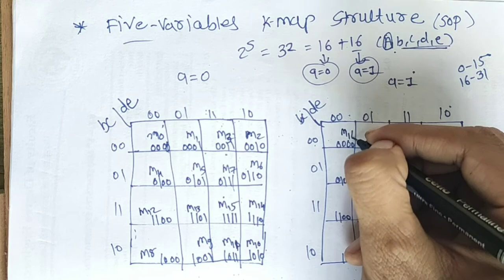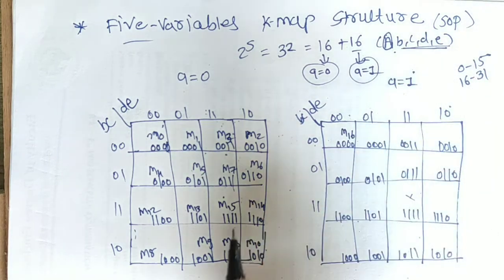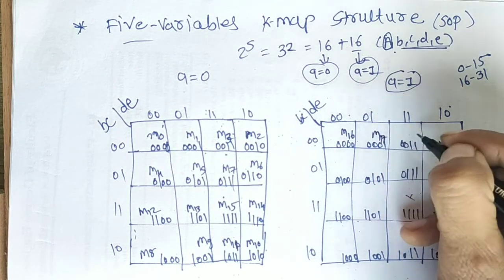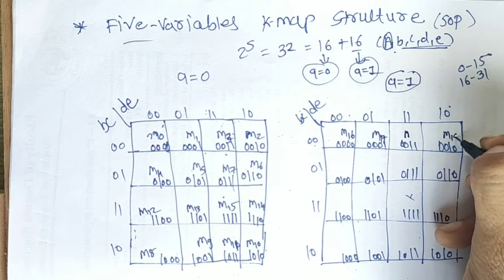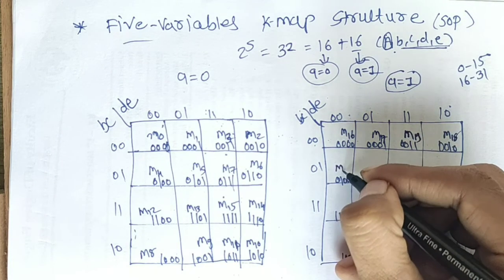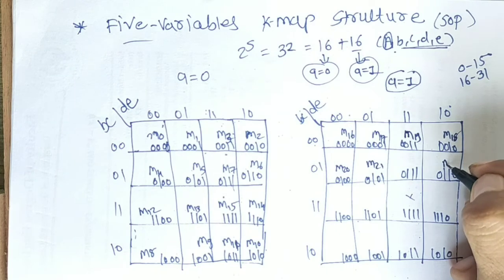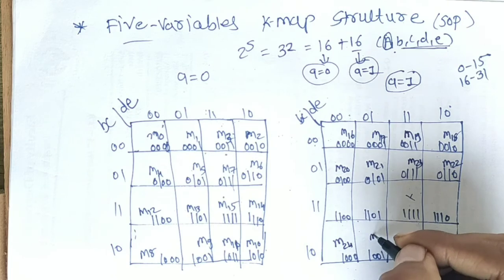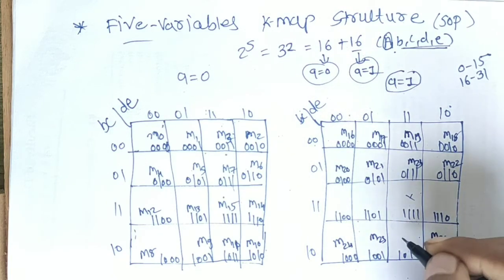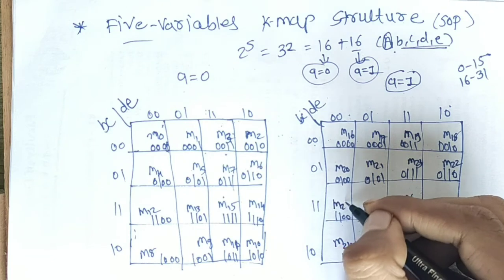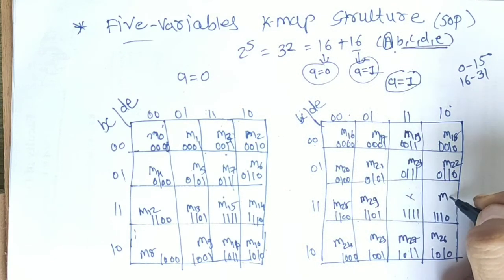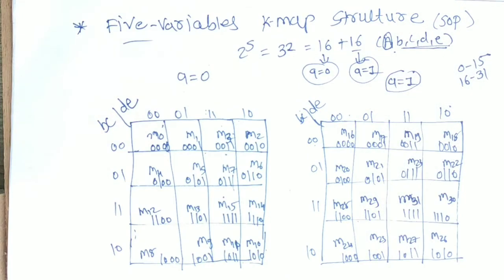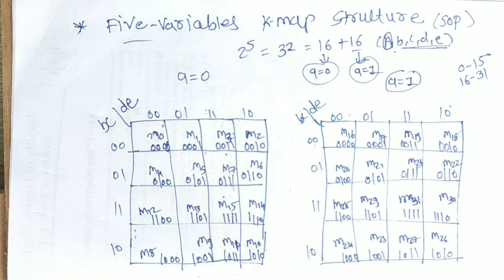Here is M16, M17, because here now we consider the first variable A equal to 1. M17, this is M18, M19, M20, M21, M22, M23, M24, M25, M26, M27, M28, M29, M30, and this is the last, M31. Right? So this is the address of each and every cell.